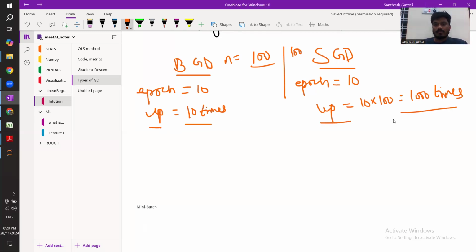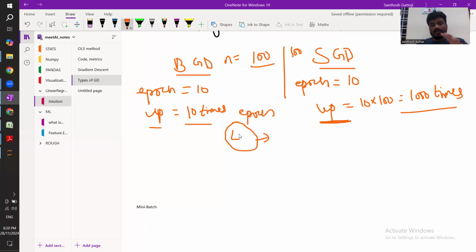Which one is taking more time? One point we need to understand if we look closer: in batch gradient descent, inside one epoch, it calculates the full loss one time only, and then updates the value, only once.